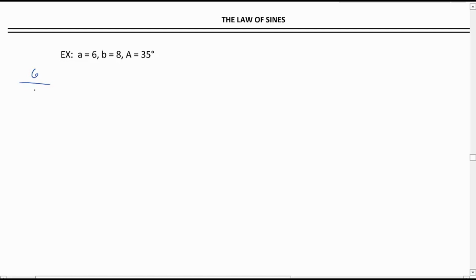We get 6 over sine of 35 degrees is equal to 8 over sine of B. And we cross multiply.